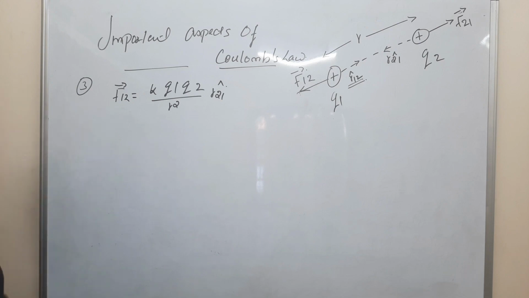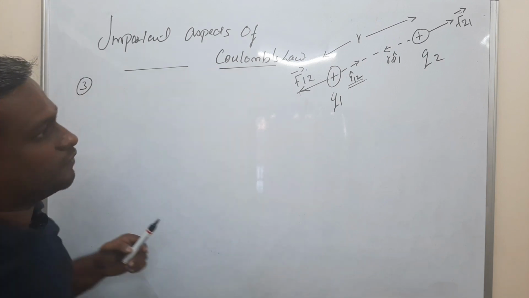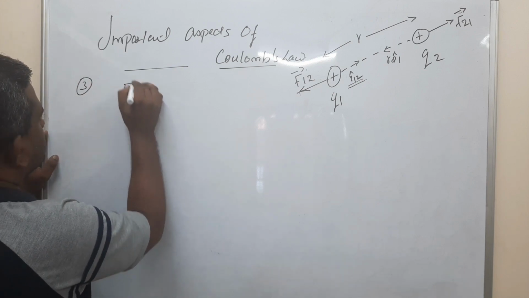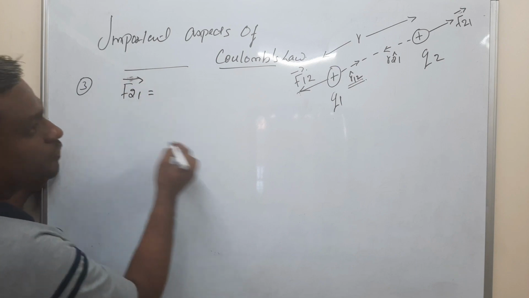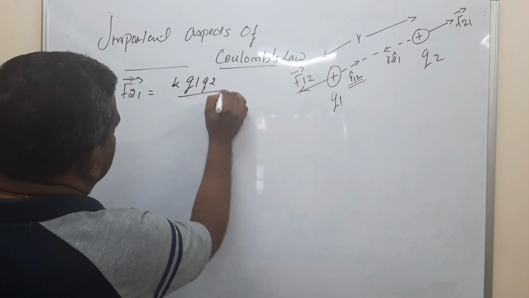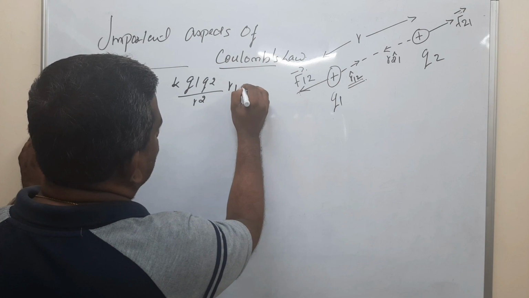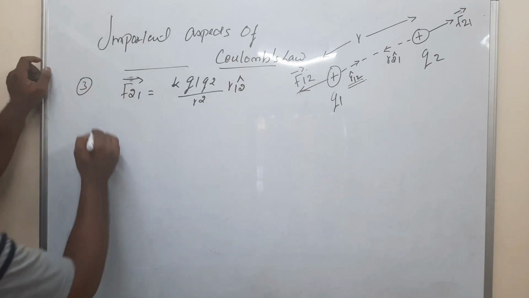Otherwise we can write F21 vector is equal to k into q1 q2 by r square into r12 cap.